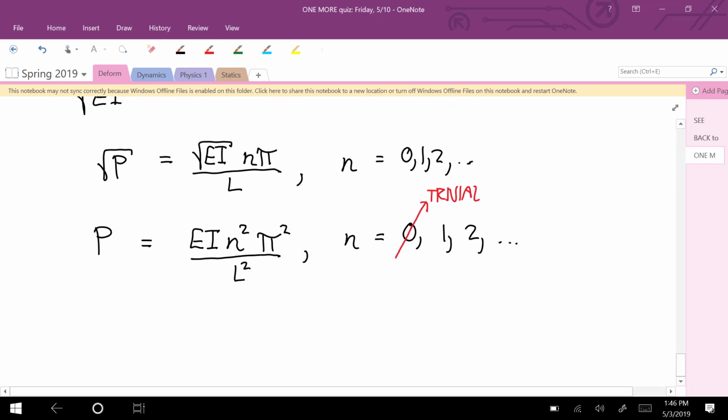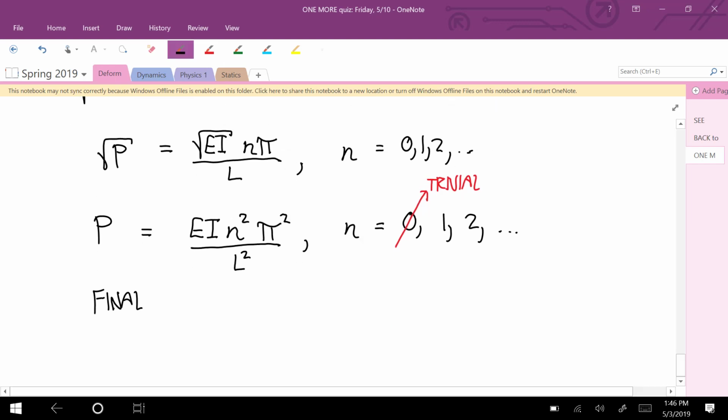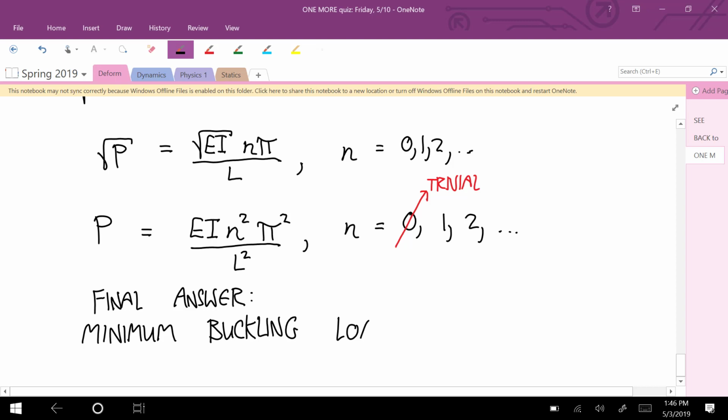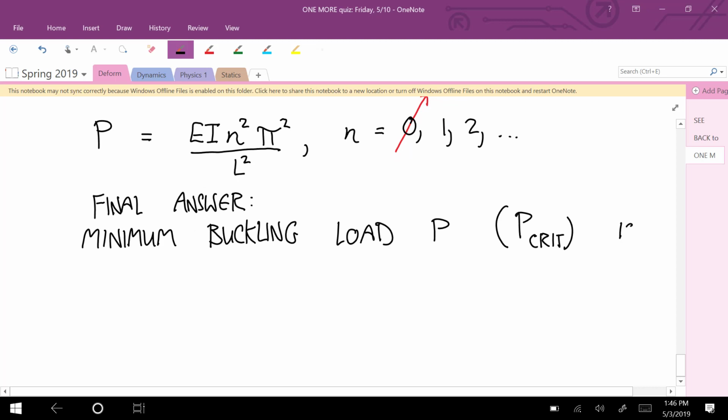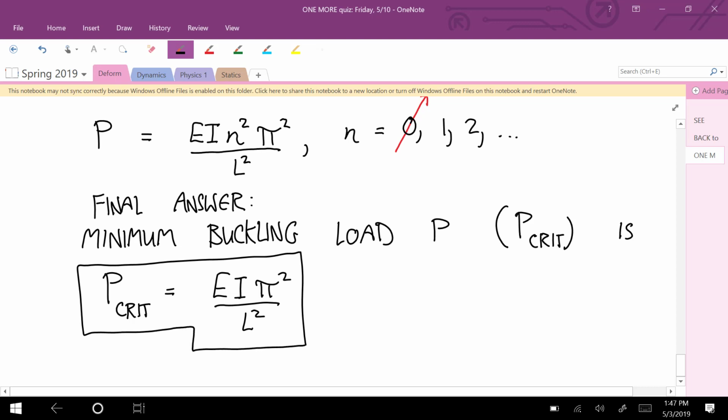And that says that the final answer is the minimum buckling load, and we're going to call that the critical value of that load P, is the smallest value of P you can get here, so that's just using N equals 1, and you get P critical is equal to E times I times pi squared over L squared. This corresponds to an N equals 1.